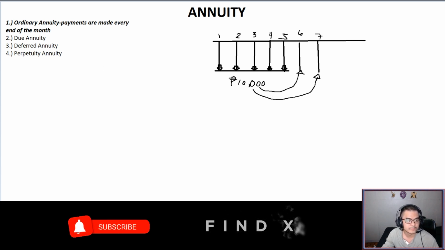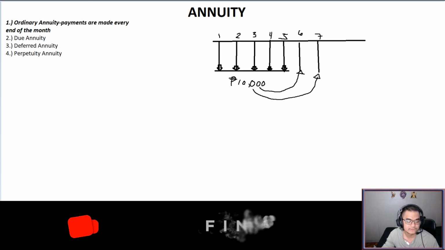Now, showing you the formulas for that, we have two formulas.